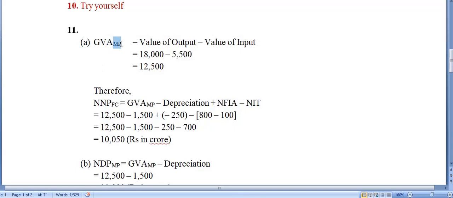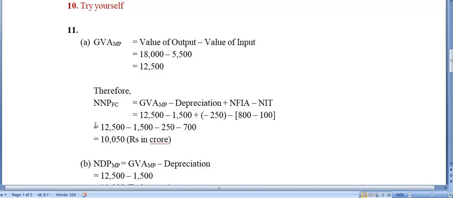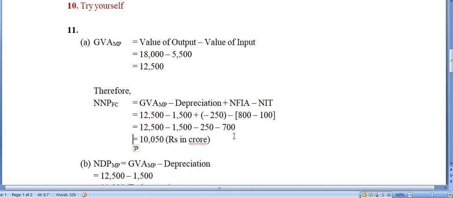Now MP to factor cost: you will subtract NIT. So this is how you can derive the formula. You can learn the formula also, but why learn when you have the conversion table? So this is your national income, 10,050 crore.